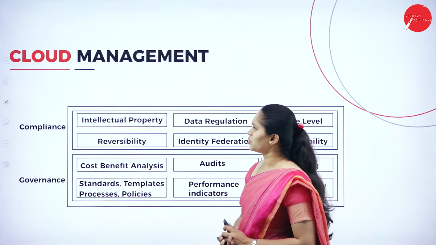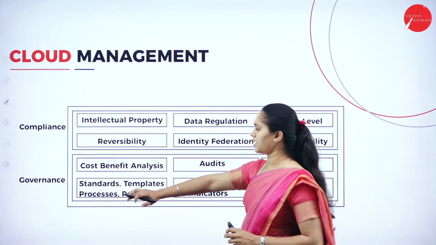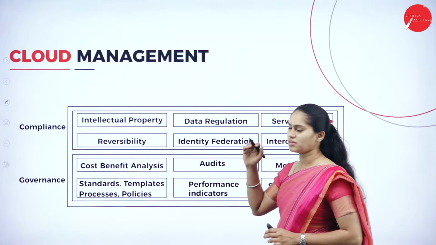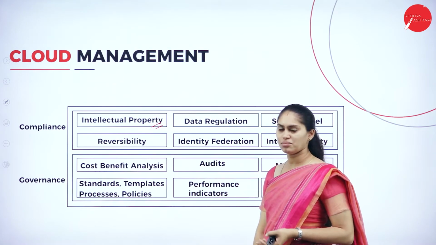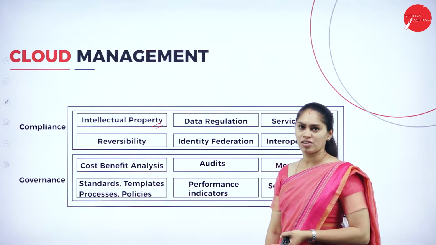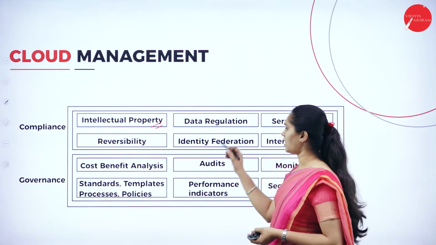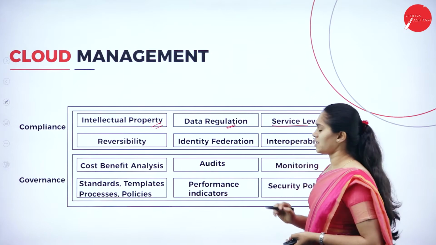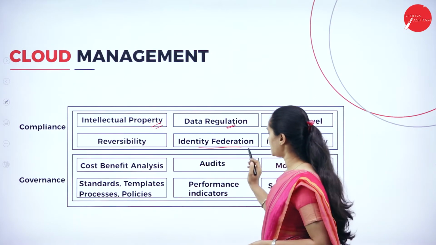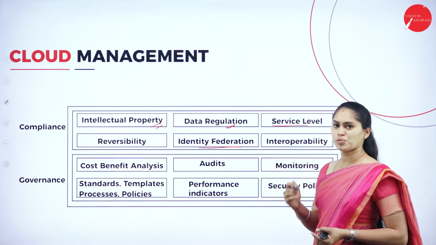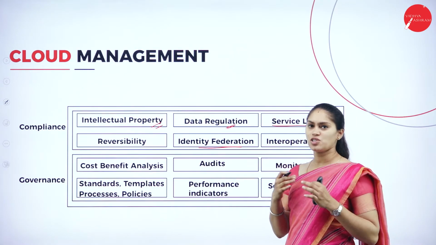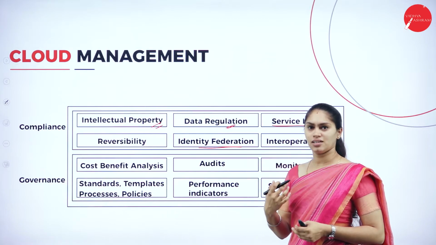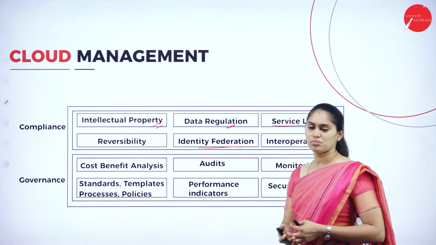So we'll see about cloud management. This includes all the benefits. We have to follow intellectual property. We should not harm the feelings of any user over the internet, and data regulations. Service level must be high, and identity federation. It has to be able to exchange data from one user to another, and allow the user to take data and services from any number of vendors.